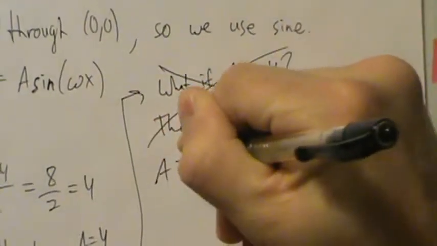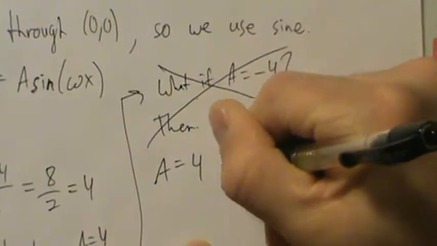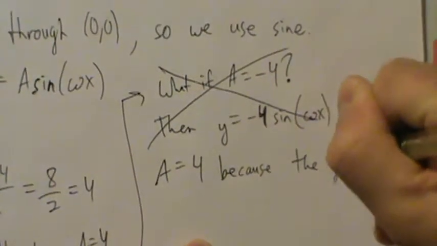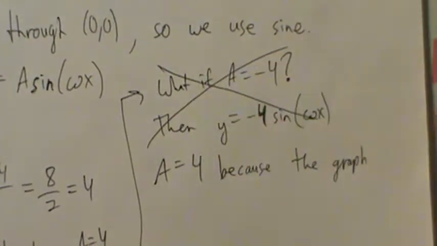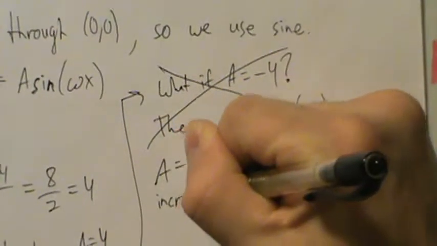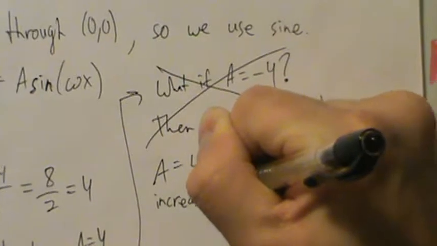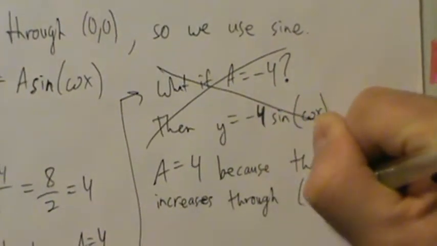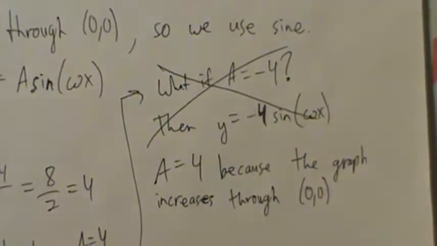So this isn't going to happen because of everything we just talked about. So A equals 4 because the graph increases through 0, 0.